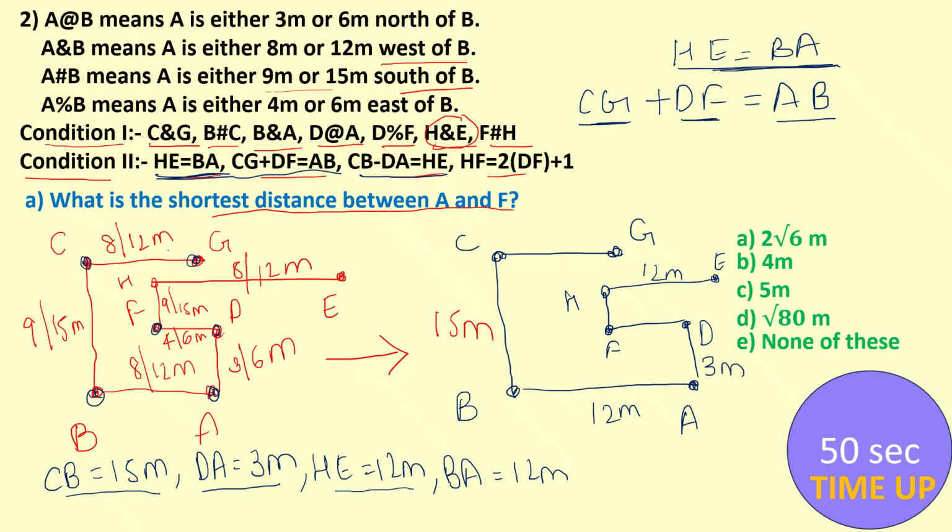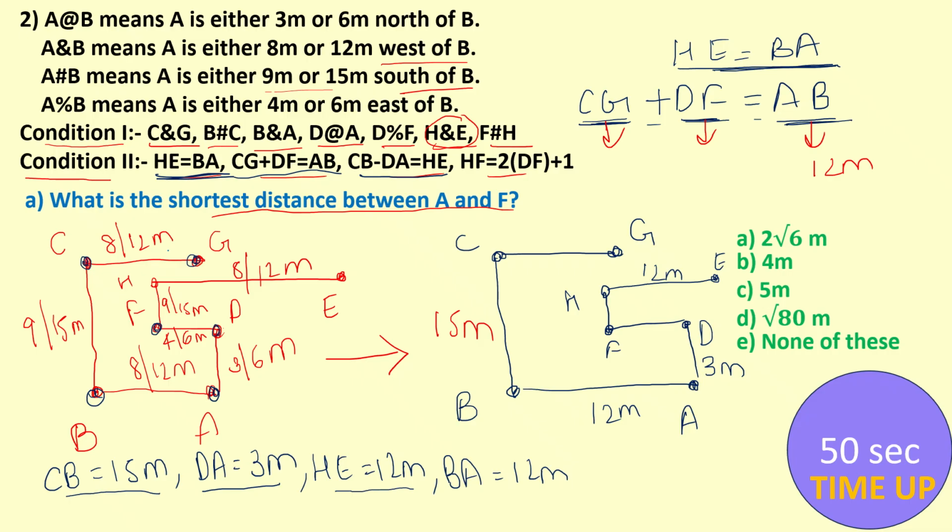Next equation, if you go, you have CG plus DF is equal to AB. Now, CG, DF, AB distance you know. AB distance is how much? 12 meter. Correct?